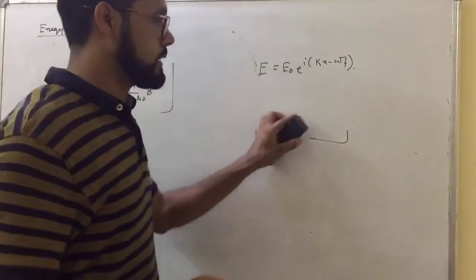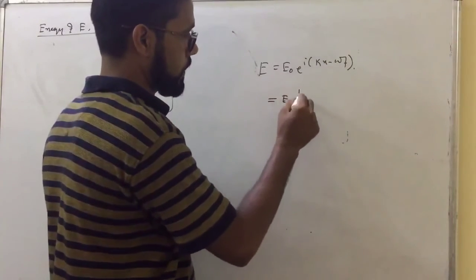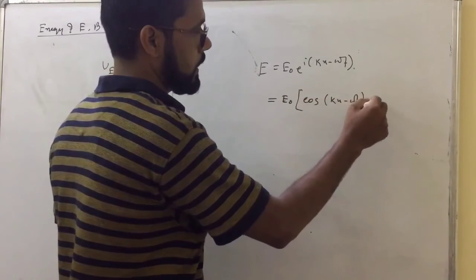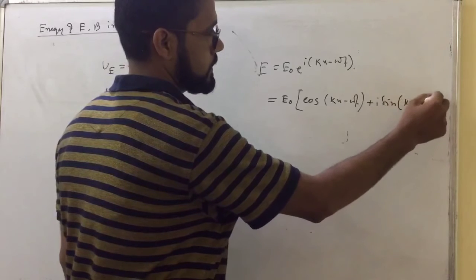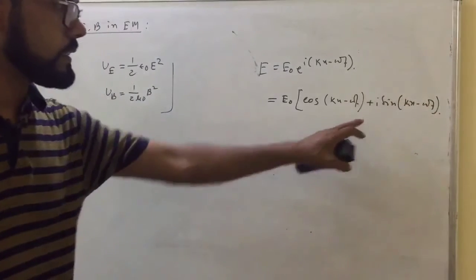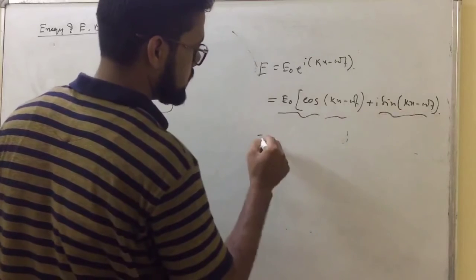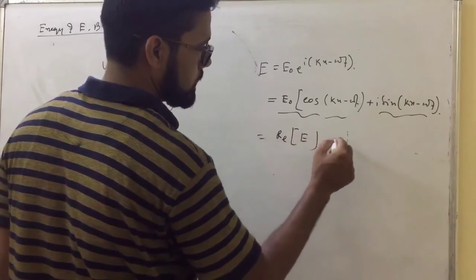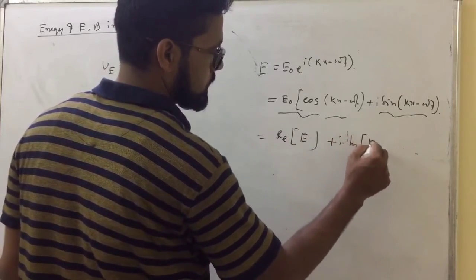I have to convert this into a trigonometric function: E naught cos(kx minus omega t) plus i sin(kx minus omega t). This is the real part and this is the imaginary part, that is, real of E plus i imaginary part of E.